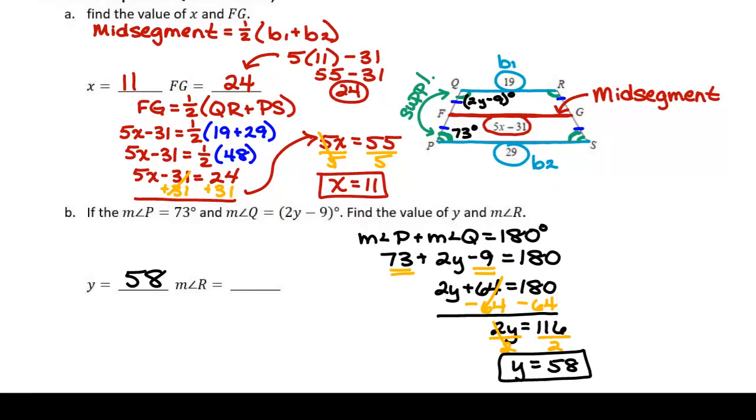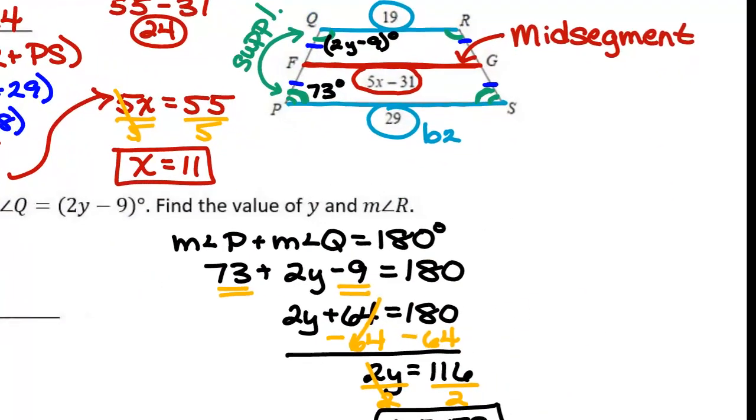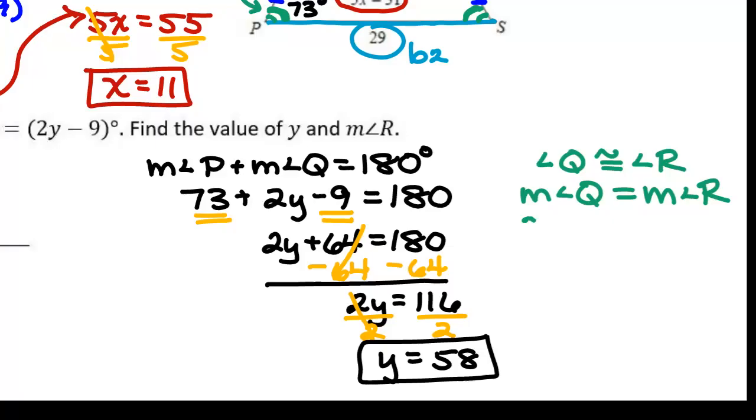So we can fill that piece in. Then we also want the measure of angle R. Angles Q and R are congruent. So the measure of angle Q is equal to the measure of angle R. Angle Q is 2y minus 9.